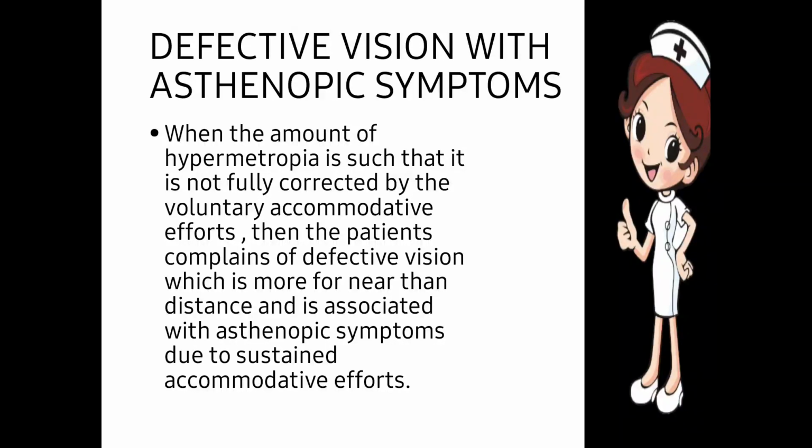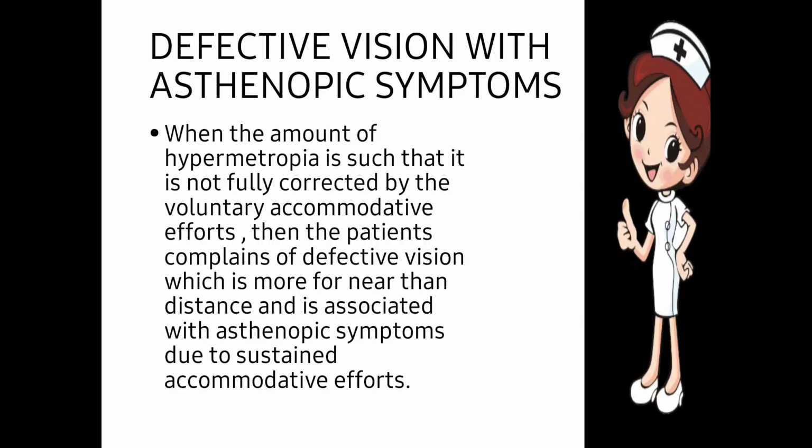Now, this is when the amount of hypermetropia is such that it is not fully corrected by voluntary accommodative efforts. Ciliary muscles as well as zonular fibers focus on accommodating the lens, but the hypermetropia is not corrected by these efforts.